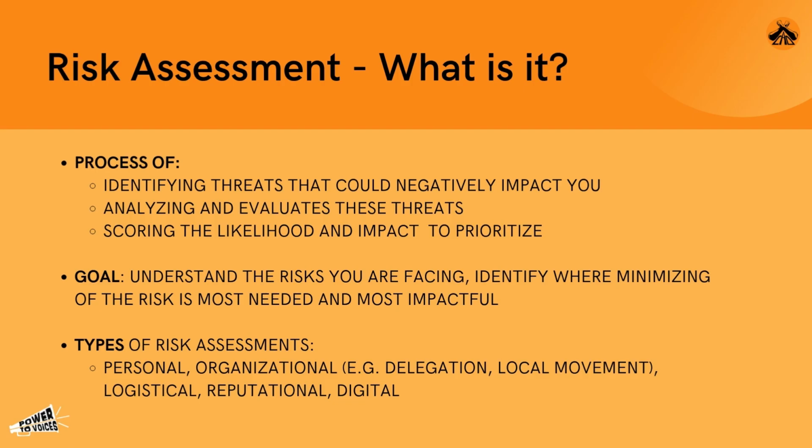Finally, we score or prioritize them so we know which risks to focus on first. By doing this, we gain clarity about where we are most vulnerable and where mitigation or prevention will be most effective.